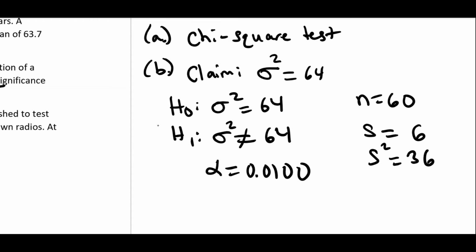Remember, what allows you to perform a chi-square test is that the observations are all independent from each other, and the population is approximately normal, and then also the fact that we're dealing with variances or standard deviations. Okay, so those are the things that you need for a chi-square test.